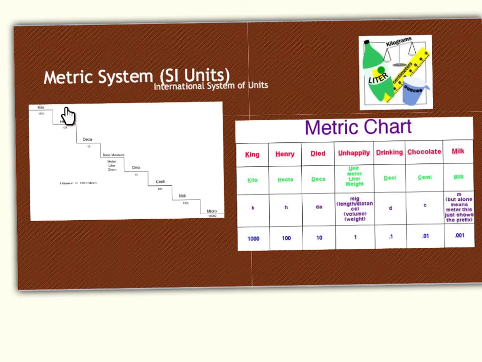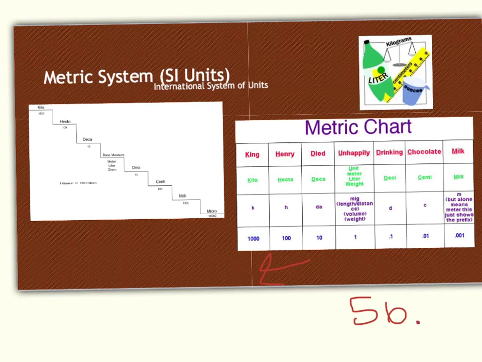So remember, like the stairs, depending on which way you're going. So if you're converting from centi to kilo, then that's going 1, 2, 3, 4, 5 places to the left. So you're going to move your decimal point. Let's say your number was 56.